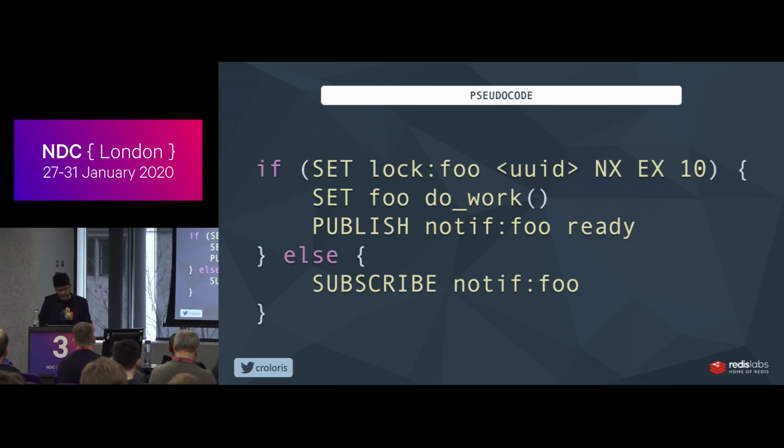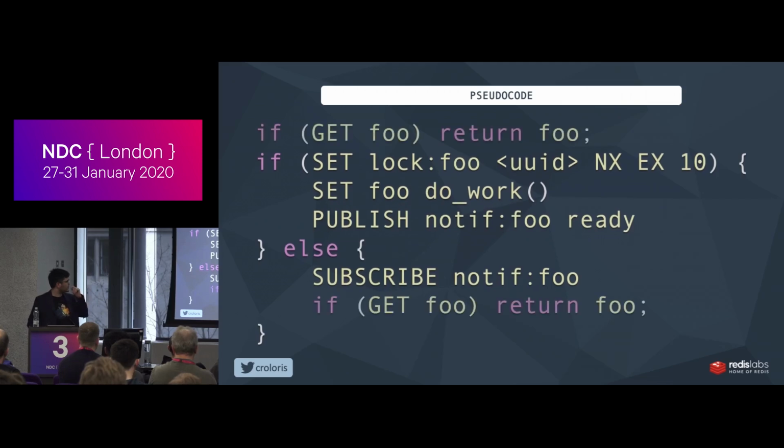And the second thing that I'm omitting is that you need to search for the key again after subscribing to PubSub. Let me show you the code. This should make it more clear. So this is a more complete code. We start by trying to get foo in Redis. If we do find it, we return it and we're done.